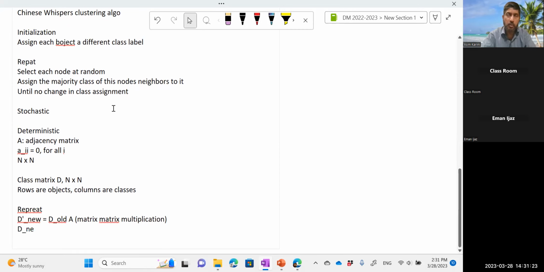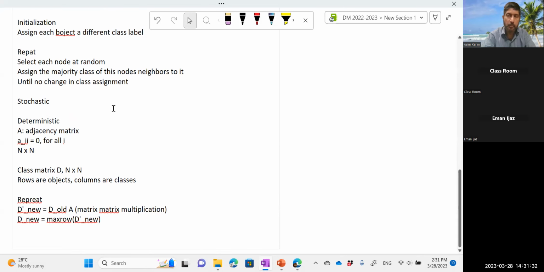So then D new, the actual D new, is basically another operation, max row of D prime new, and they repeat basically until no change in D. ठीक है? The same algorithm, but now deterministic and applied through matrix operations.